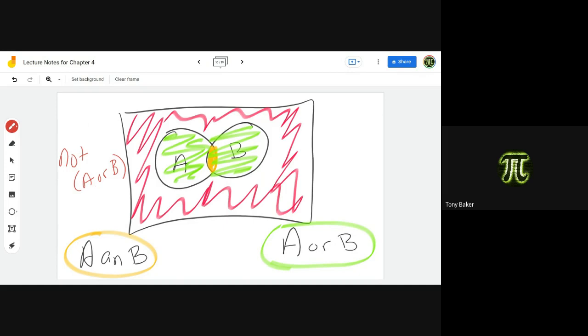If I said not A, I'd have also had to include the B circle in that with the red. So since I didn't include either one, that's not A or B. You can actually see that also written as nor A or B when they take the not and the or and put it together.